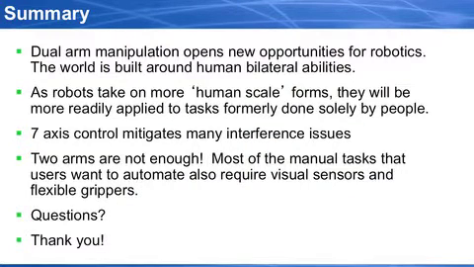All in, dual arm robotics opens a host of applications for automation. It must be so. The world is built around human capabilities, and we are two-armed creatures. So we have built all of our processes around our capabilities.